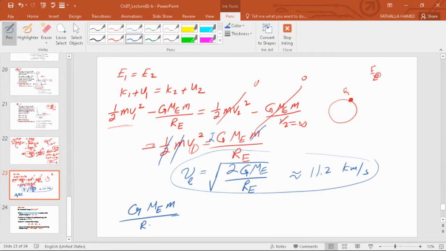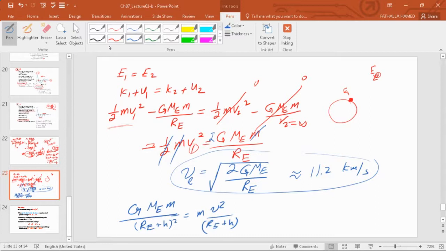the radius of the Earth plus how far the object is, squared, and that should equal mv squared divided by re plus h.